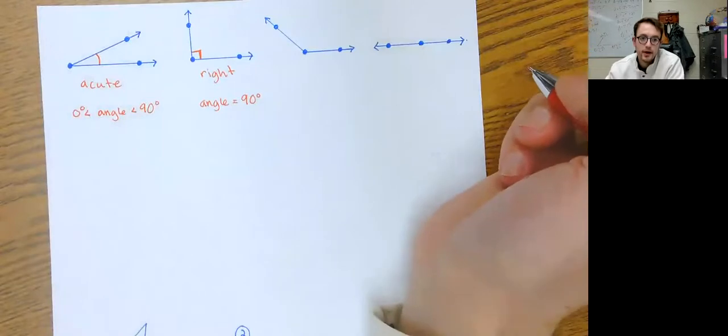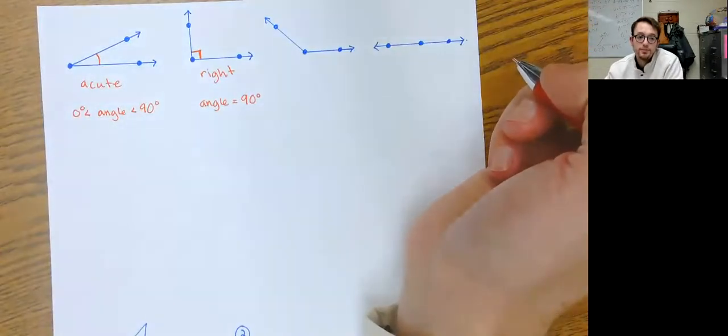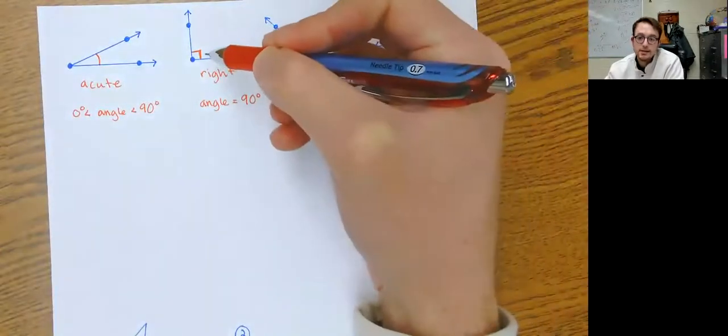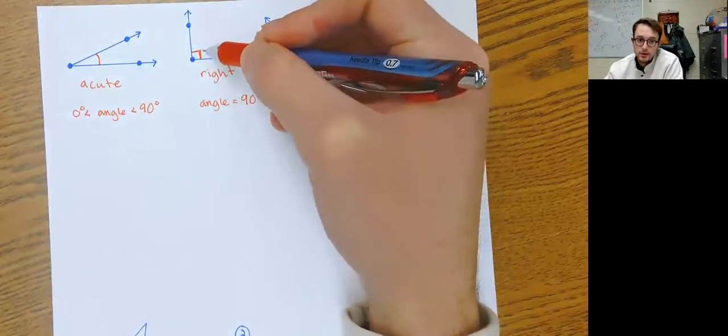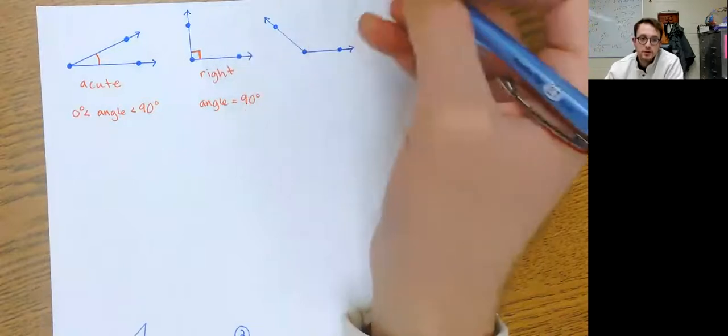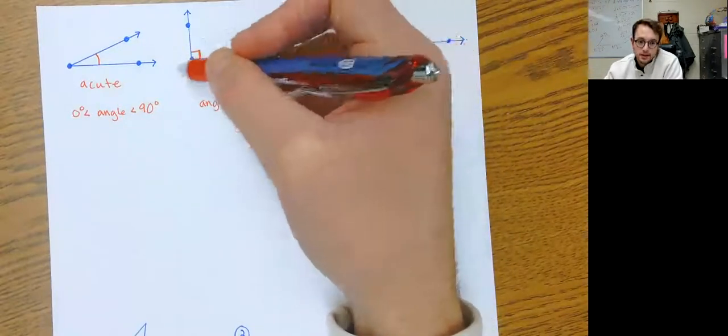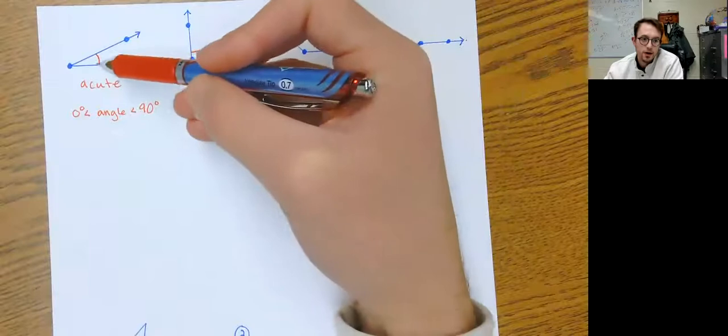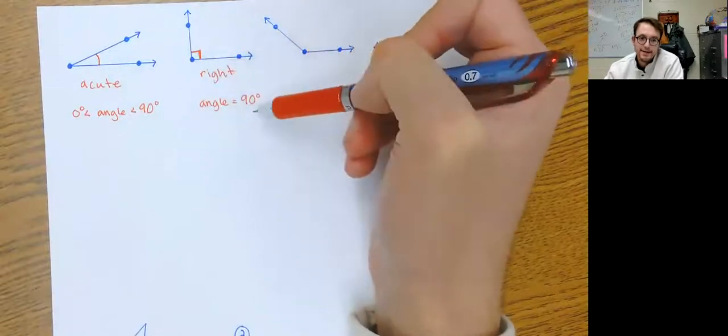Make a little tiny red square in the bottom, and that symbolizes a right angle. That's very special in geometry. Right angles are very useful. So that's the symbol for a right angle. We don't do an arc, we do a little square when it's 90 degrees.